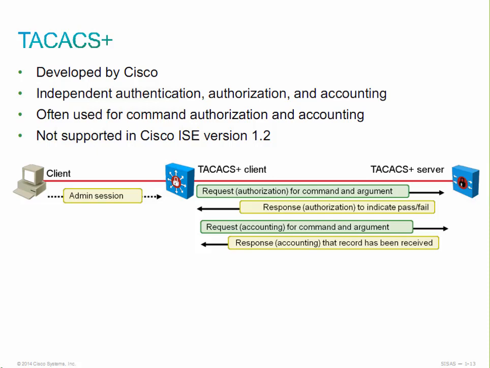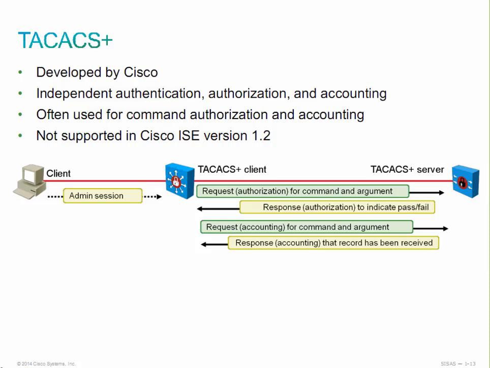RADIUS, on the other hand, doesn't have built into it the ability to detect and correct transmission errors, for dealing with things like packet loss, timeouts, and so on. So RADIUS is a connectionless protocol because it sits on top of UDP. One of the biggest differences, though, is that RADIUS only encrypts the user's password going from the RADIUS client to the RADIUS server.